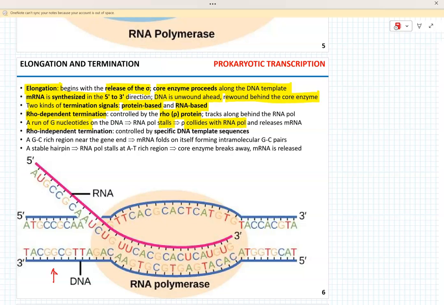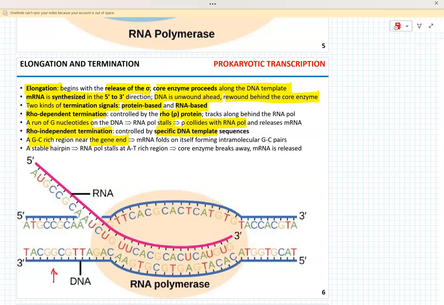In Rho-independent termination, the process of ending the transcription is controlled by specific sequences in the DNA. For example, there is a region at the end of the gene, rich in G and C nucleotides.